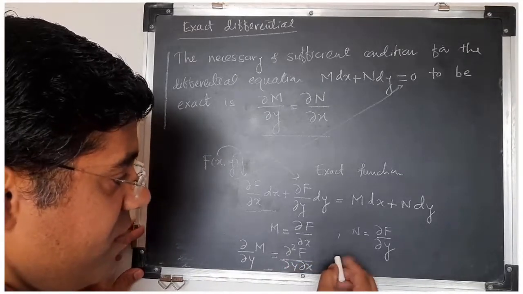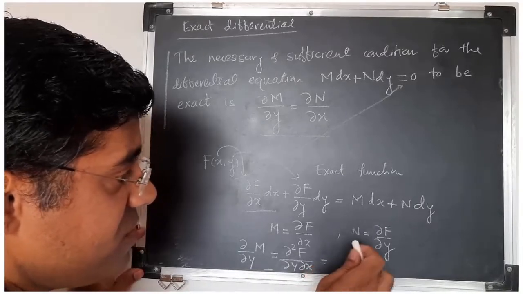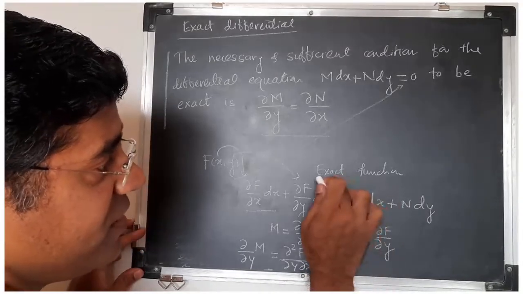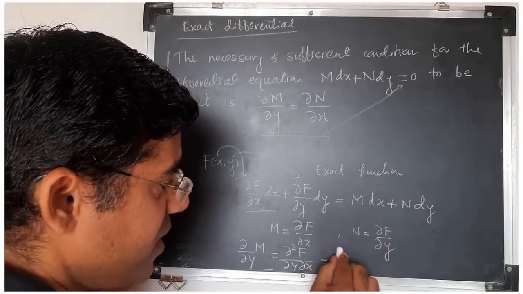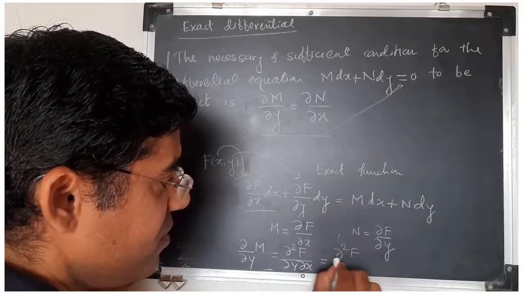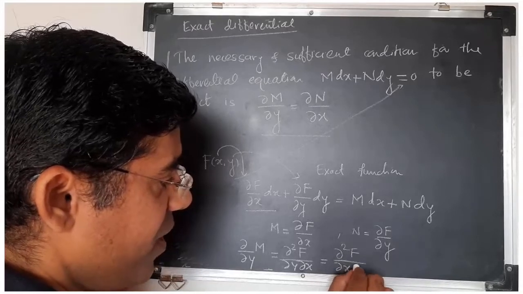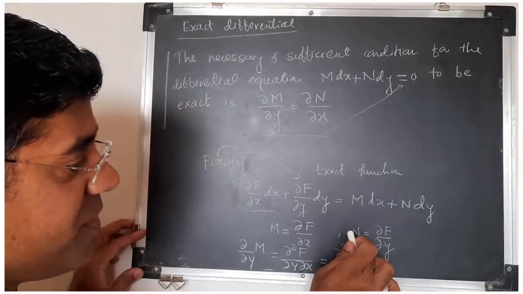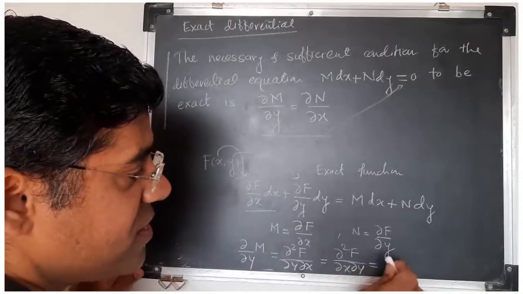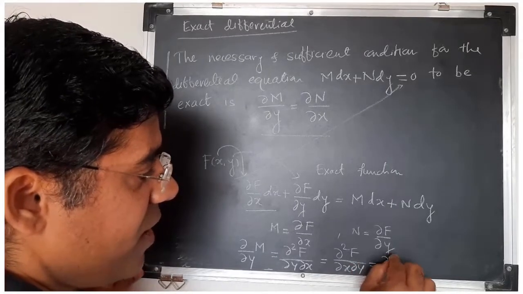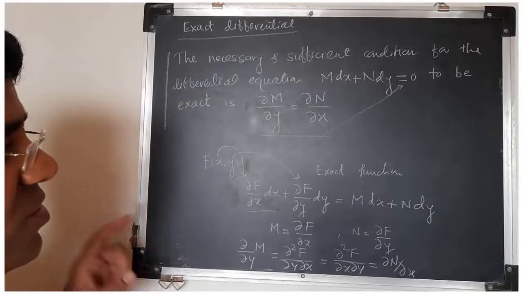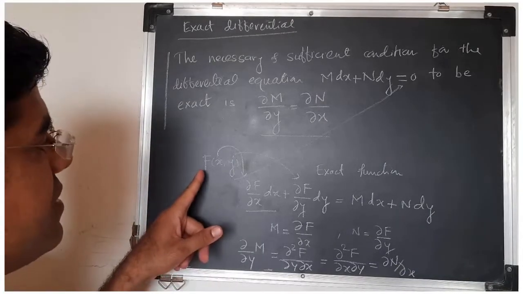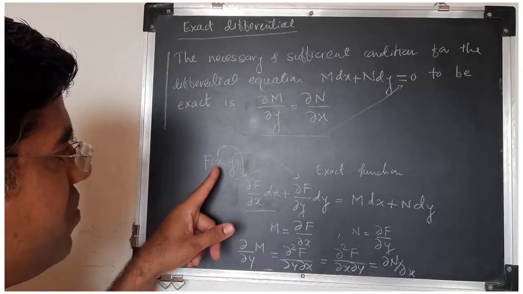Now this is with respect to N. We have taken the function to be exact, so that is similar to ∂²f/∂x∂y with respect to N. So this will give ∂N/∂x. So we are assuming that this is the function f which depends on two variables x and y.